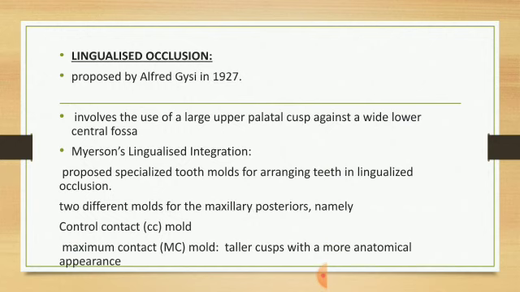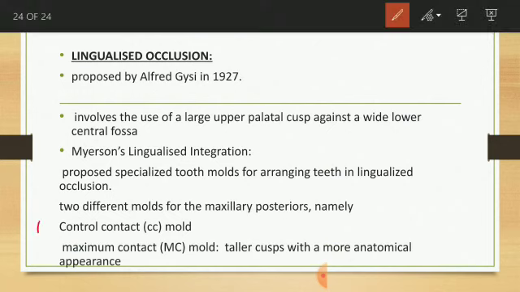And next, there is Payne's lingualized integration. Payne proposed specialized tooth molds for arranging teeth in lingualized occlusion. He proposed 2 different types of mold. First is the control contact mold and second is the maximum contact mold. The maximum contact mold has taller cusp teeth with a more anatomical appearance.